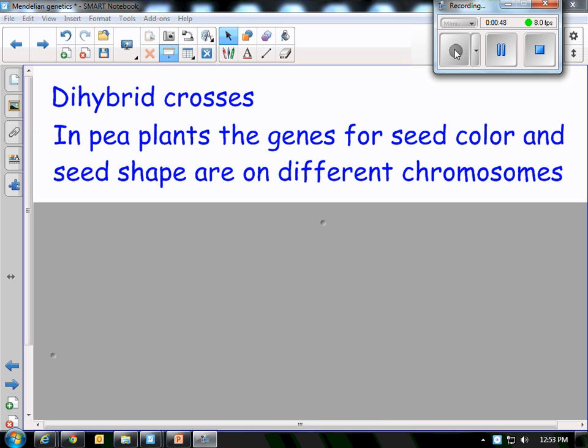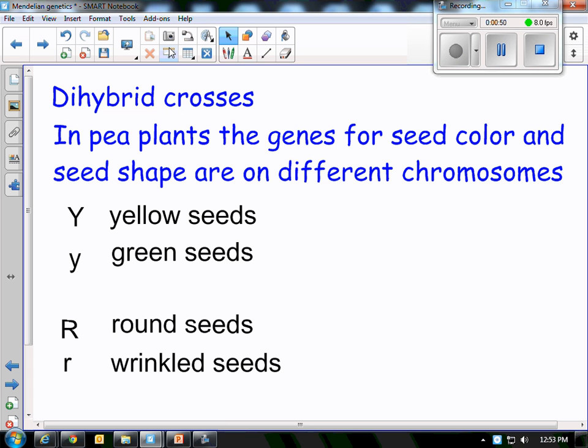He discovered by working with them individually that yellow is dominant over green and round is dominant over wrinkled. I am doing the exact same problem on the board that you find starting on page 613 and on to 614.